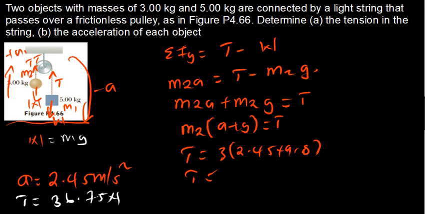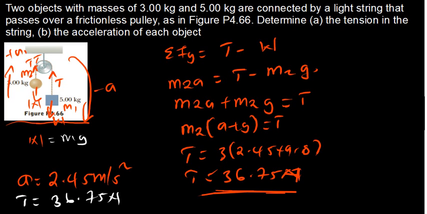In this case, 2.45 plus 9.8 gives 12.35, now times 3. I'm also getting 36.75 newtons. So as you can see, guys, both are correct. Even if you use M2 or M1, you're going to get the same answer.